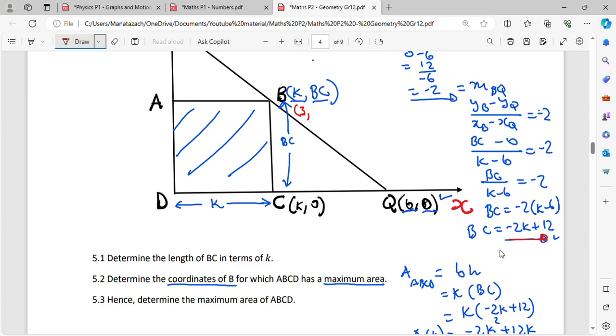By replacing K with 3, we get minus 6 plus 12, which will be 6. So the coordinates for B, for which the area is maximum, are 3 and 6.